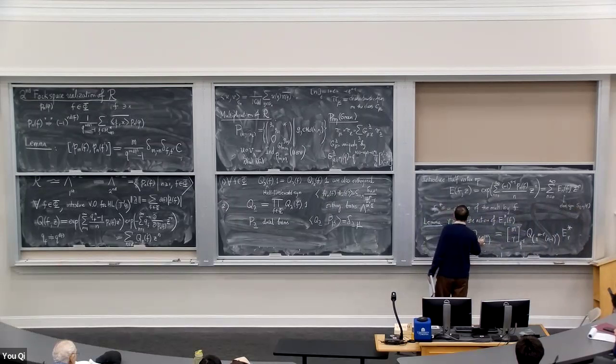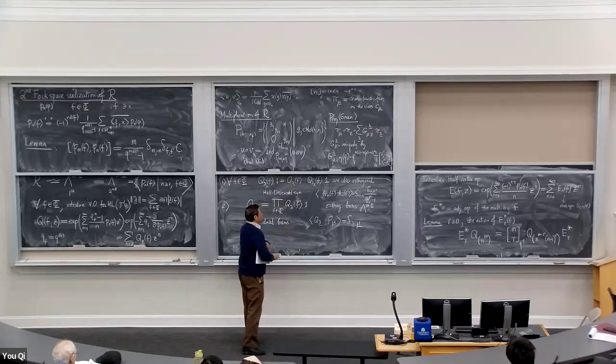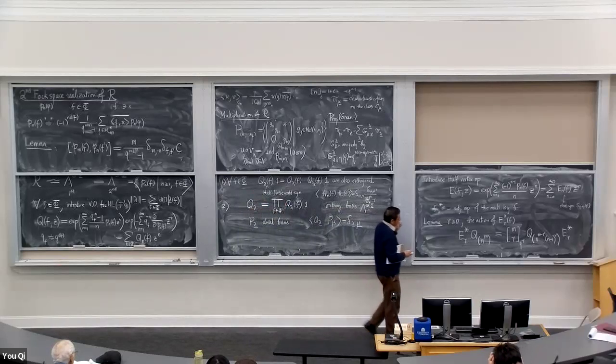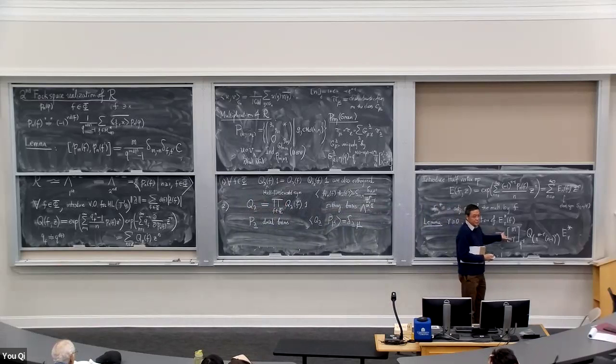The proof really comes from the commutation relations of Hall-Littlewood. You just use that commutation relation plus computing the action on these operators, and then you can prove something like this.